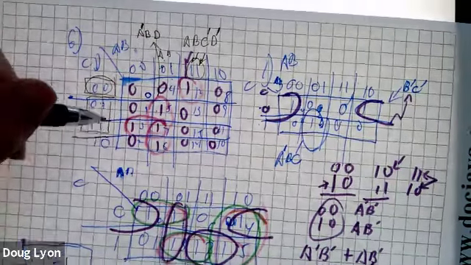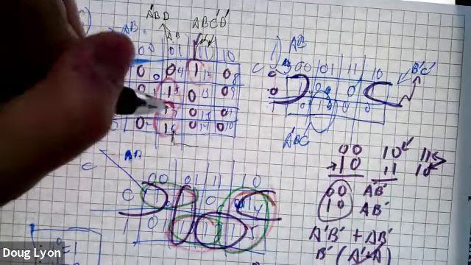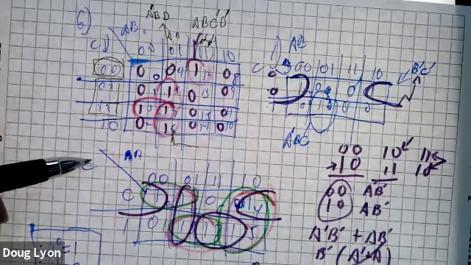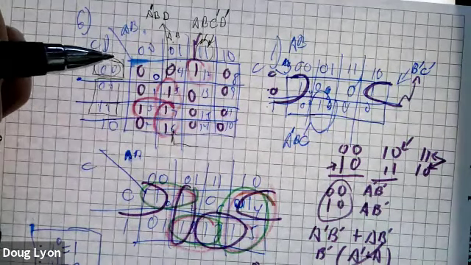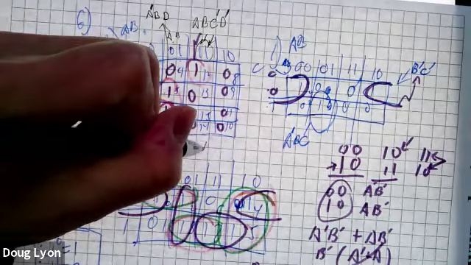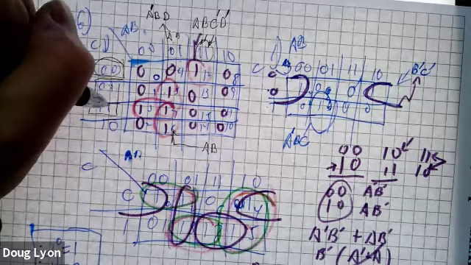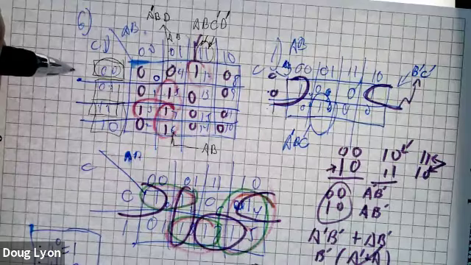So let's do it again. You do this one here for me. 6 and 7 are looped. What shall we use to represent the product term for the loop on 6 and 7? The 1, 1, and the 1, 0. So can you give me the letters? I'm going to write A, B, and what do you think about whether D appears?